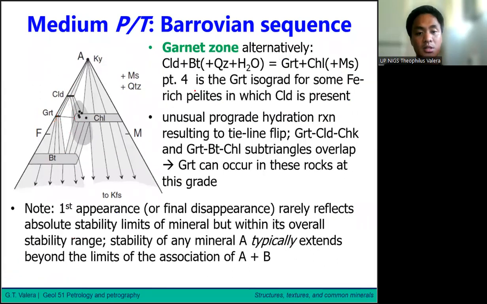Okay? Ito yun, chloritoid plus biotite equals garnet plus chlorite. So you now have a new tie line. And for these rocks at least, garnet is introduced in both pelitic compositions.